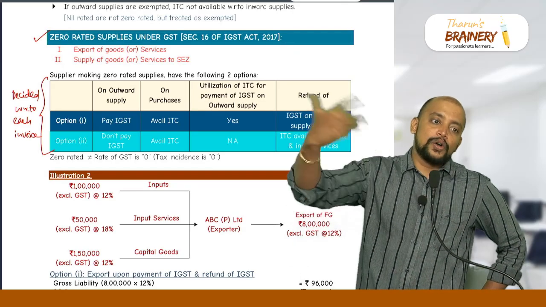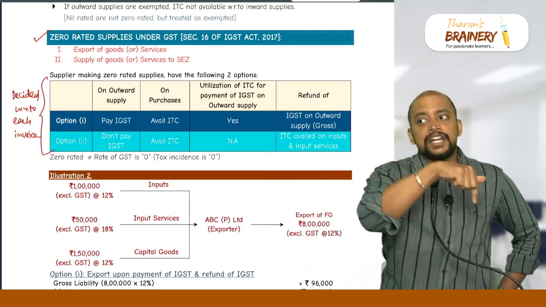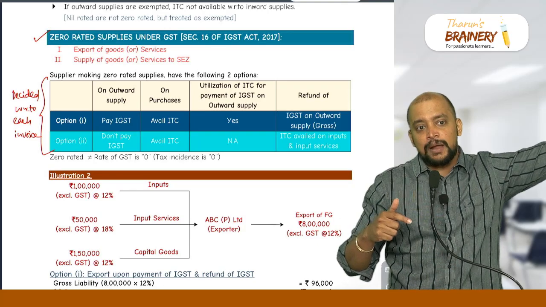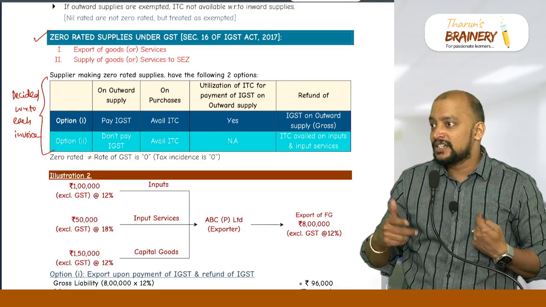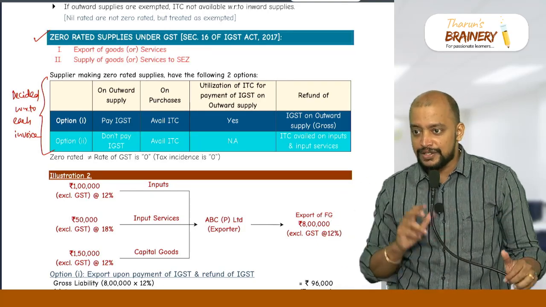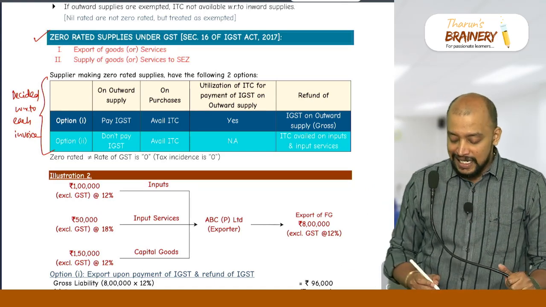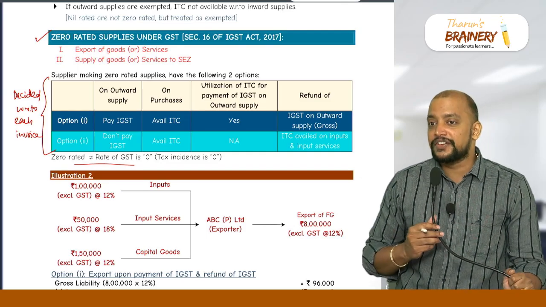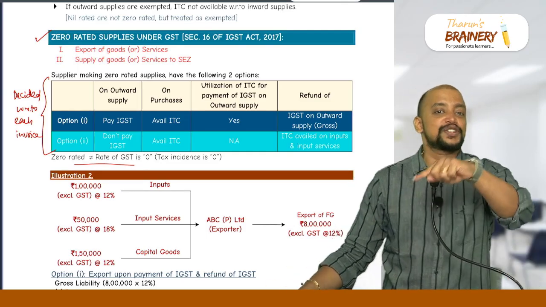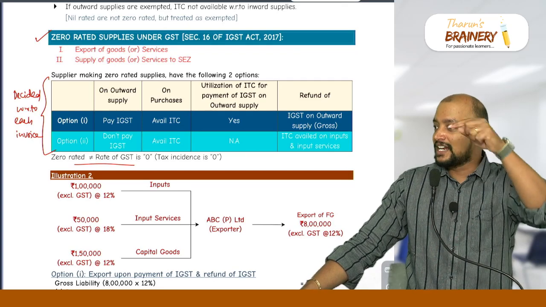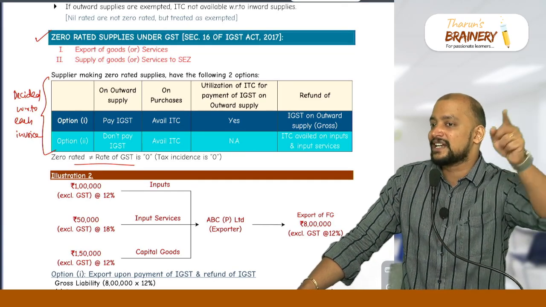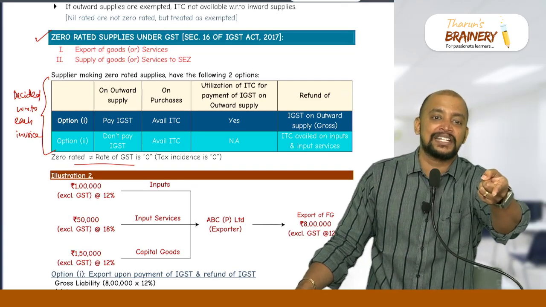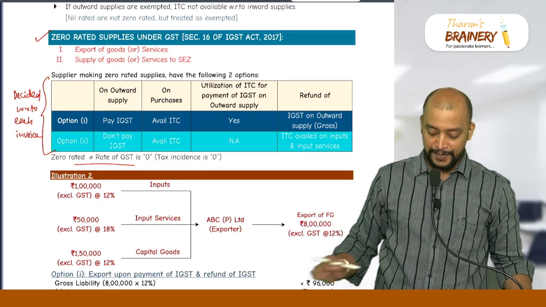Yes, on outward I am not paying anything, on inward whatever I pay, I am getting as refund of ITC. So here also the burden becomes 0. That's why it is called 0 rated, but 0 rated does not mean rate of GST is 0. Rate of GST 0 is known as nil rated supplies. Nil rated supplies will come under the category of exempted supplies.